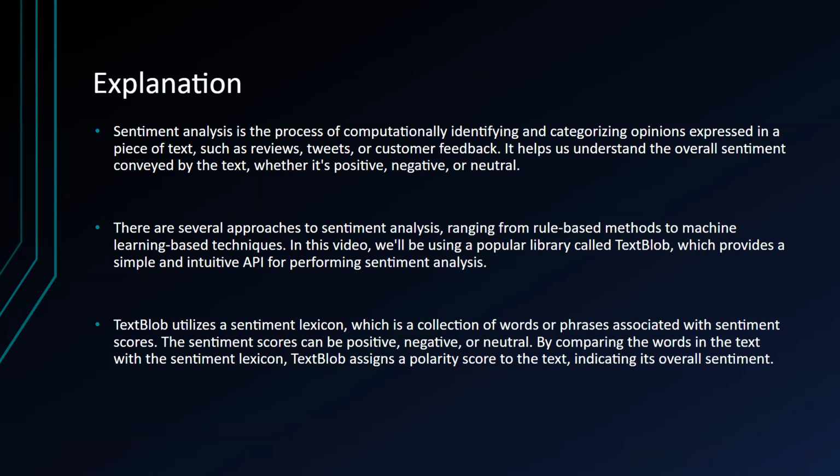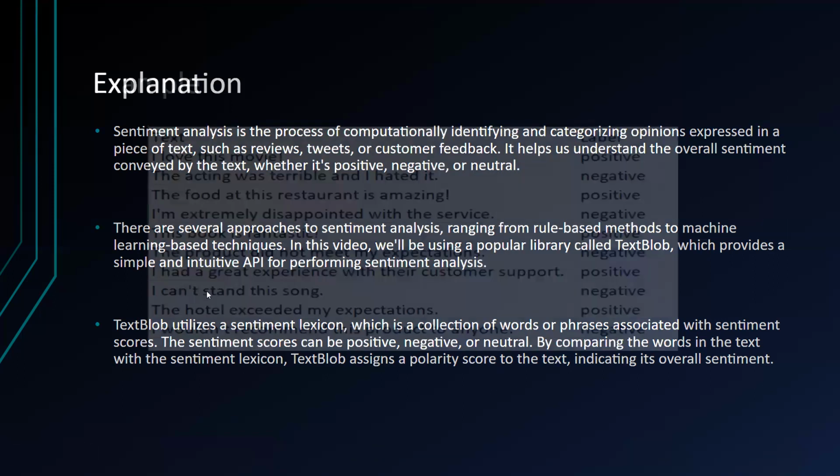TextBlob relies on a sentiment lexicon, which is a collection of words or phrases with associated sentiment scores. These scores can be positive, negative, or neutral. By comparing the words in the text with the sentiment lexicon, TextBlob assigns a polarity score to indicate the overall sentiment of the text. So let's get started with the coding part.